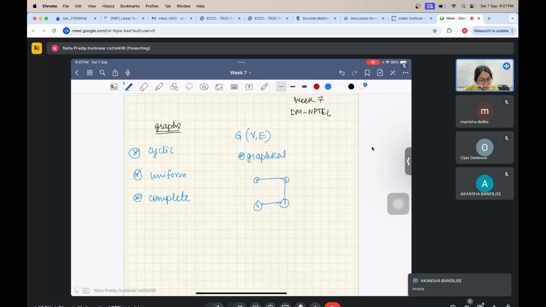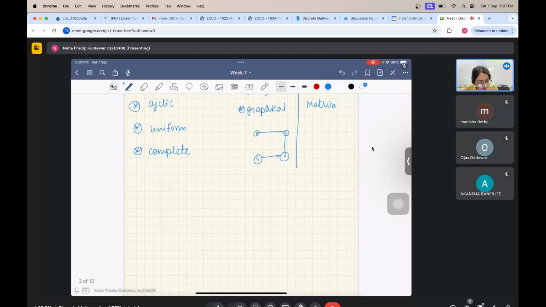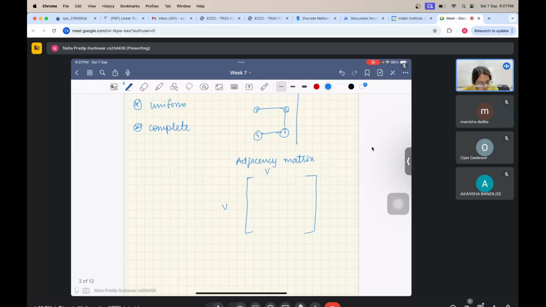Matrix, right? Akansha says so. You have a matrix representation, and one is what is called an adjacency matrix, where you have the set of vertices on the rows, and the set of all vertices on the columns. If vertex 1 is connected to vertex 2, then you write a 1 here, and if vertex 1 is not connected to vertex 3, then you write 0 in the corresponding entry.